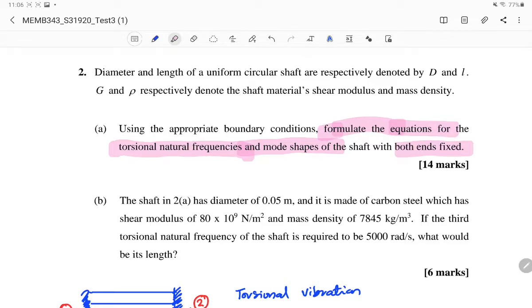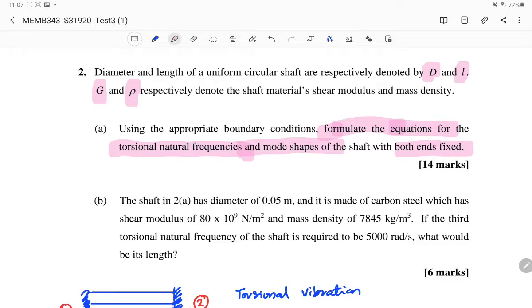So this is very easy. Both ends fixed means you have to identify or define the boundary conditions as displacement equals 0. They also give you some of the parameters that you need to use: L as the length, d as the diameter, G, and rho, standard variables.